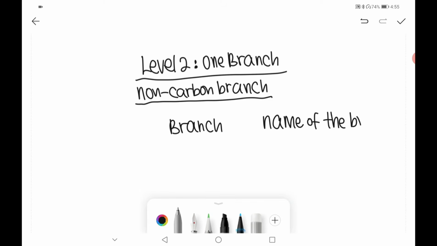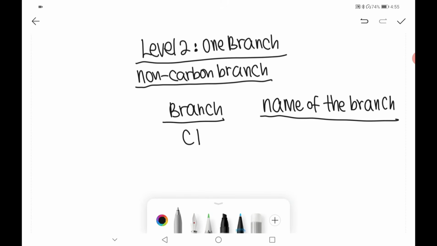Normally they will put one of two: either chlorine or bromine. If you have a branch and the branch is chlorine, you will call it chloro.